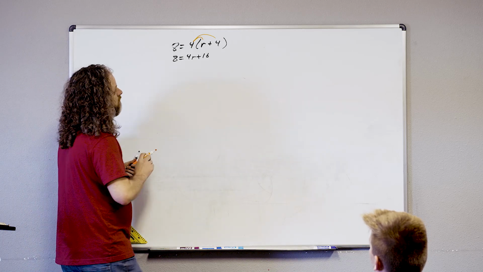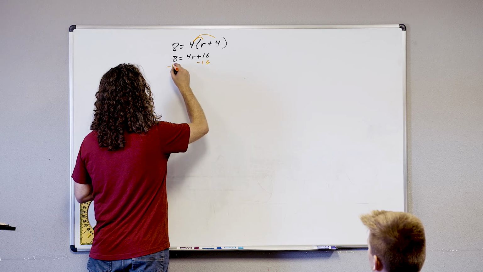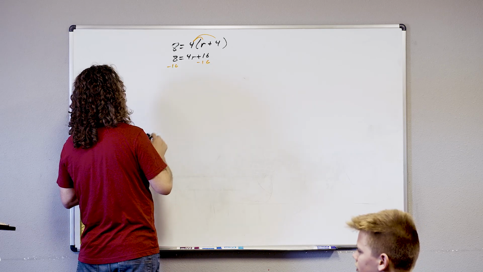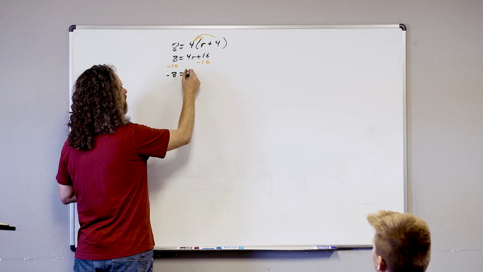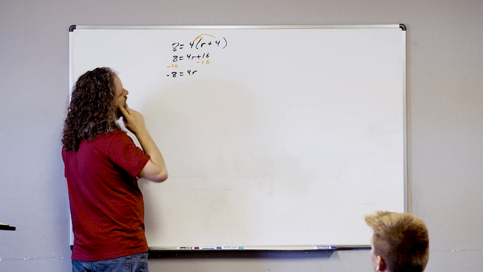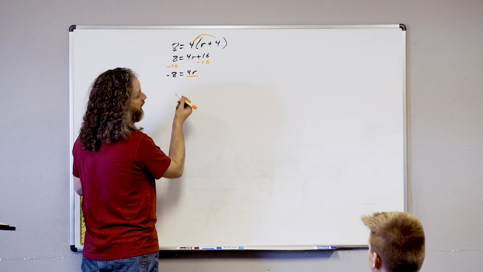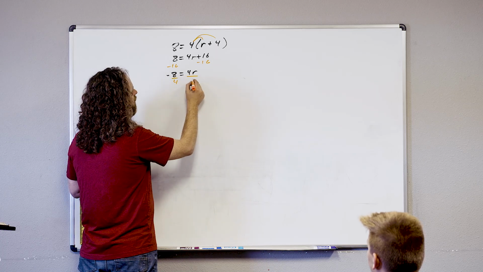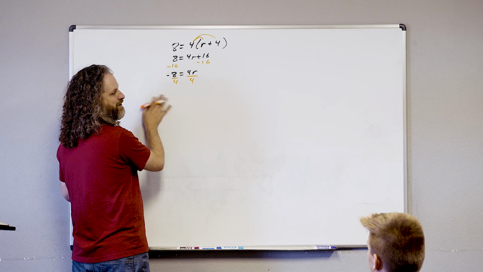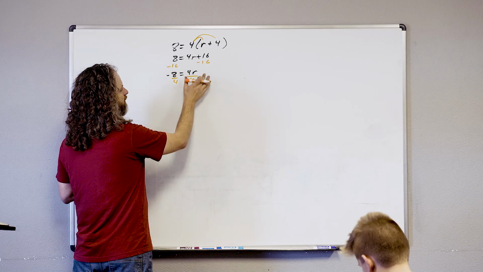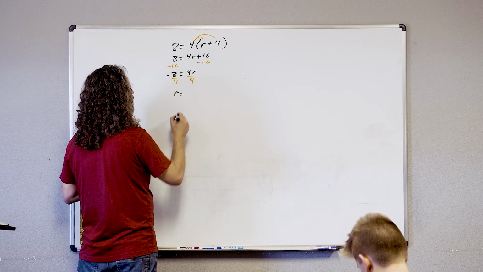Subtract 16. 8 minus 16 is what? -8. Now what should we do? Divide by 4, which might have been what you meant. I know 8 is on the side we usually divide from, right? But we're trying to get the variable by itself, right? So r equals what?